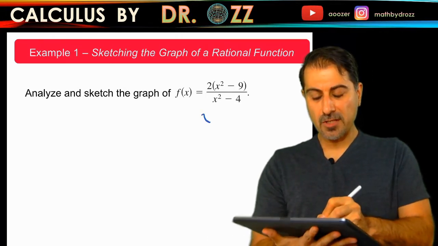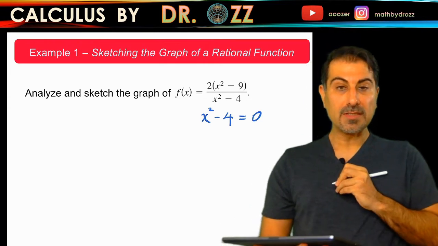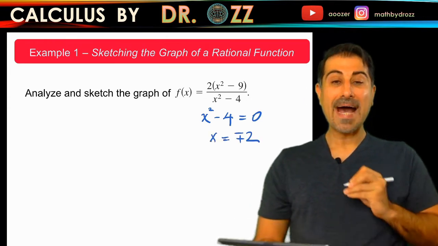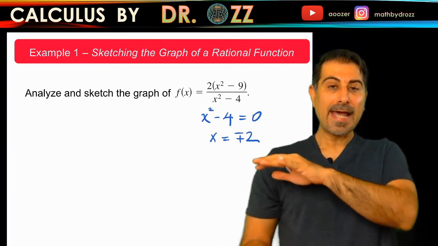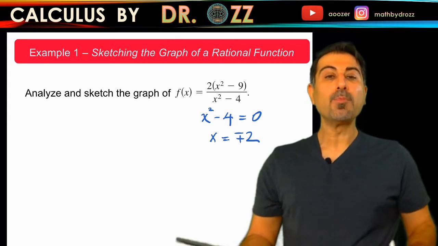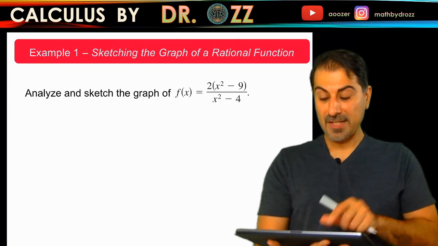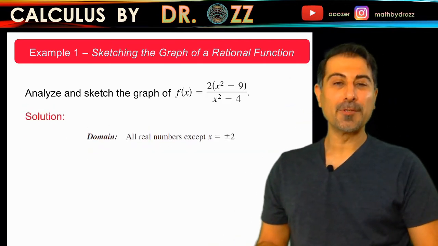So essentially we are looking at x squared minus 4 equals 0, and that gives you plus or minus 2, which implies that we have all x's in the domain except plus or minus 2. And for that reason, the domain is all x's except plus or minus 2.